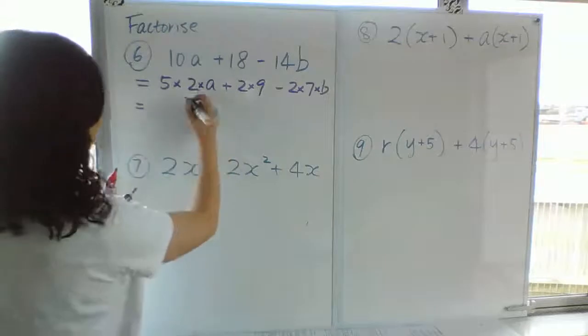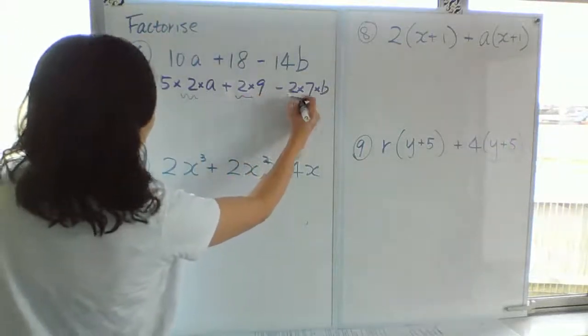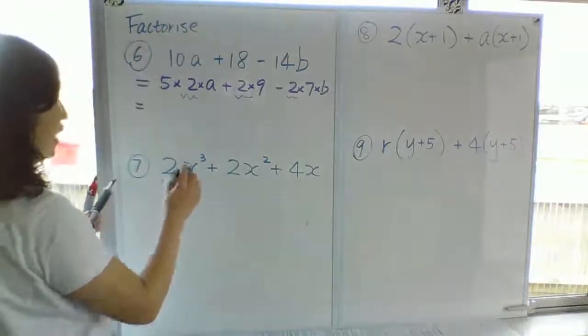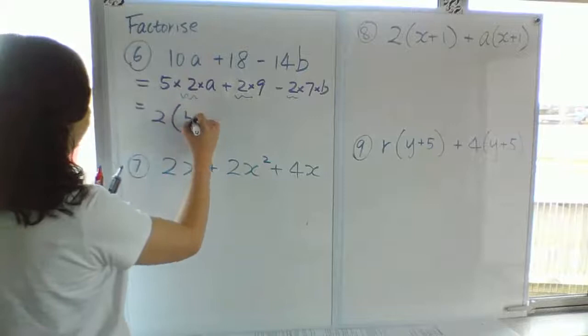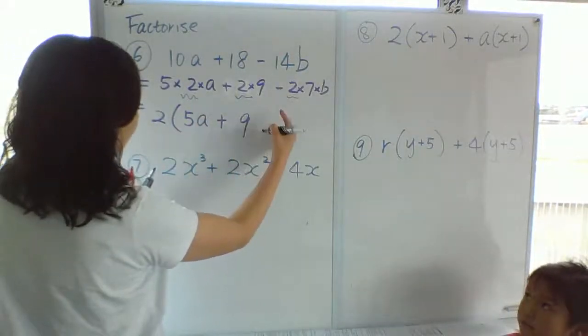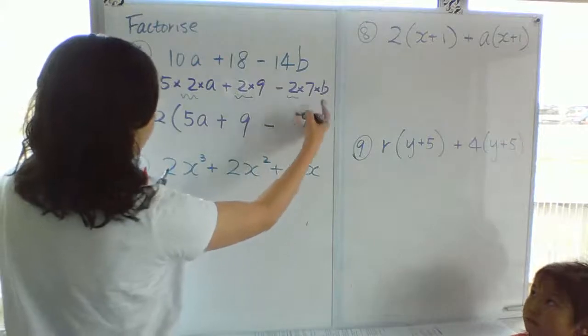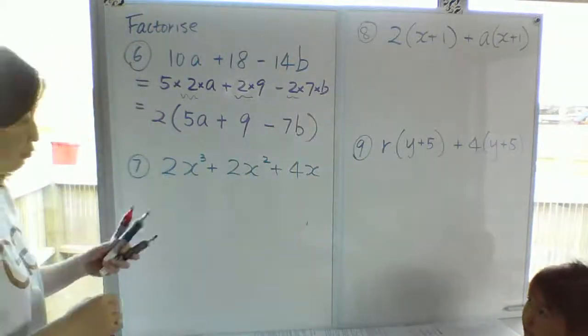So the common factor that I can see here will be 2, 2, 2. Make sure that you count it once only for each term. So if I take the 2 out, I have 5A left, and then plus, I have 9 left, I have minus, and I have 7B left. So these are the ones that should go into the bracket.